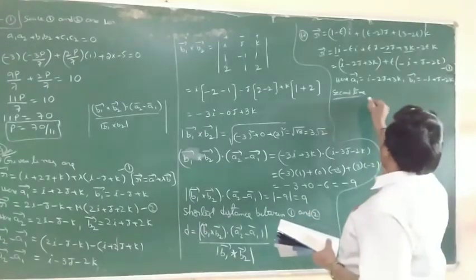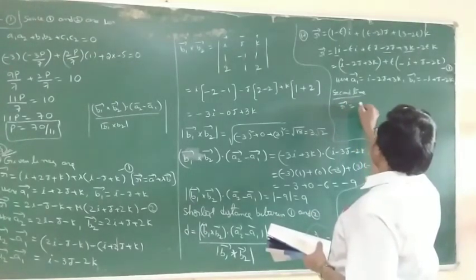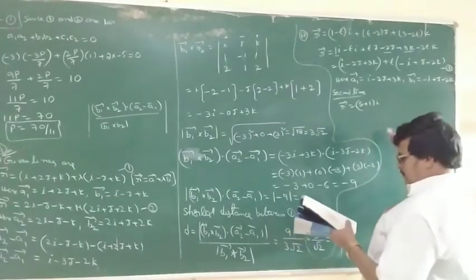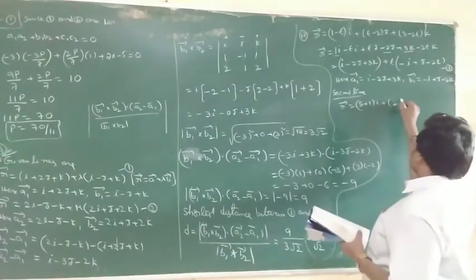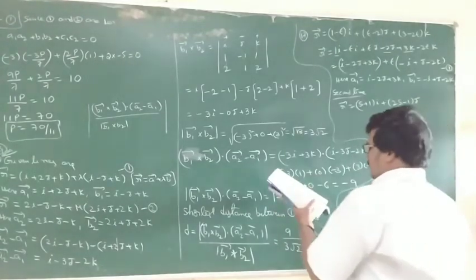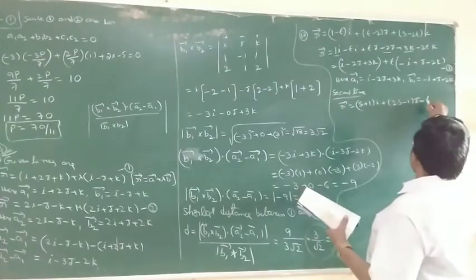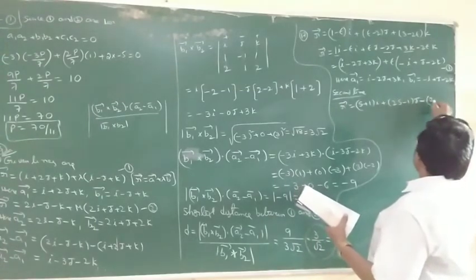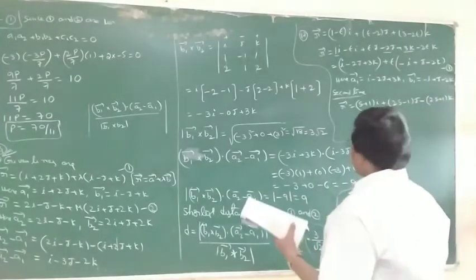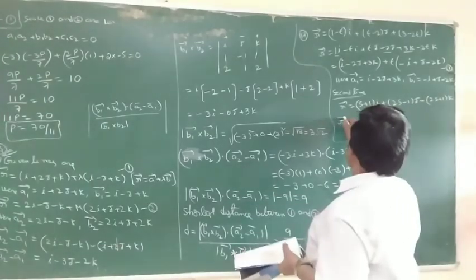equation is r̄ = (s + 1)i + (2s − 1)j − (2s + 1)k. Next, the same procedure.